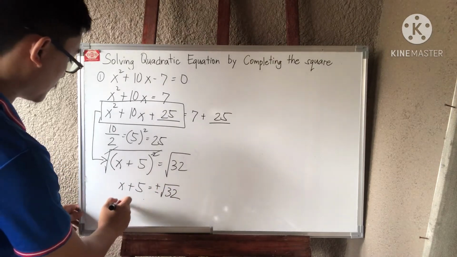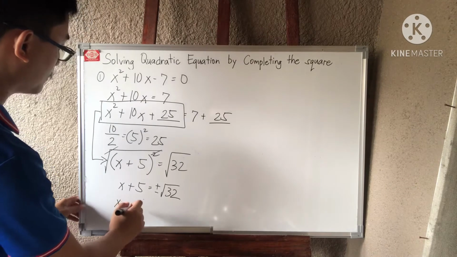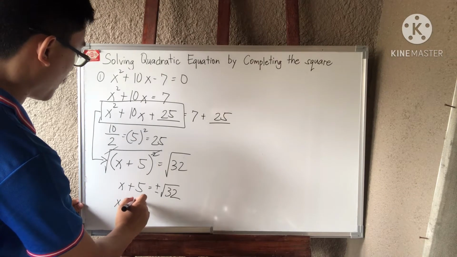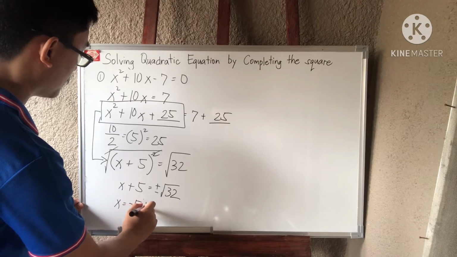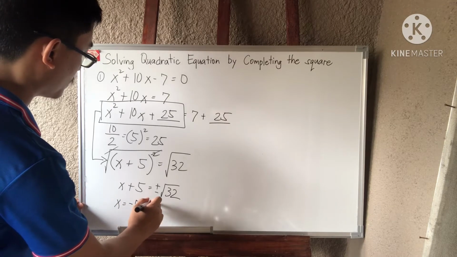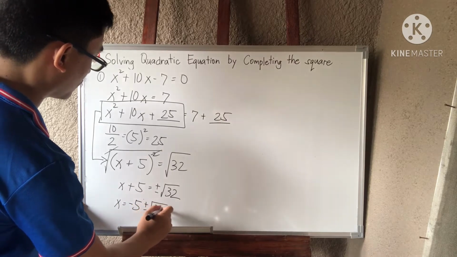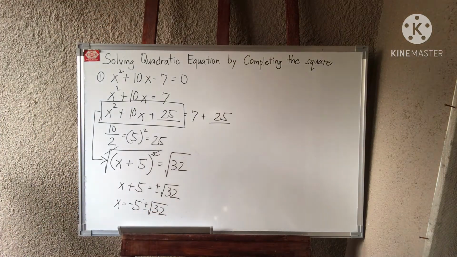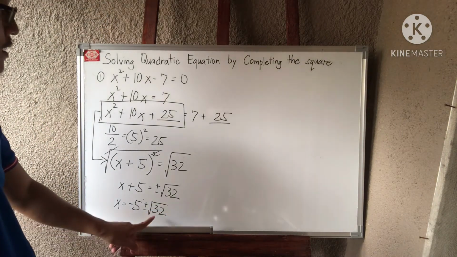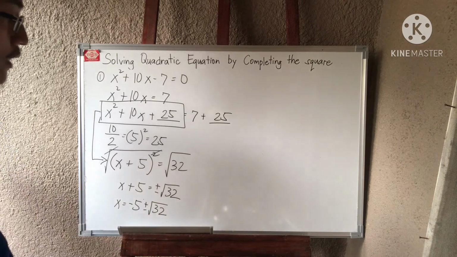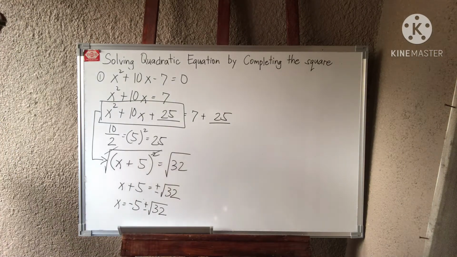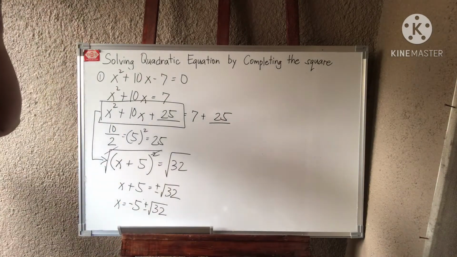So, that becomes x equals negative 5 plus positive, negative square root of 32. So, actually, hindi pa yan yung sagot kasi maghahanap pa tayo ng factors ng 32 na mayroong perfect square number.